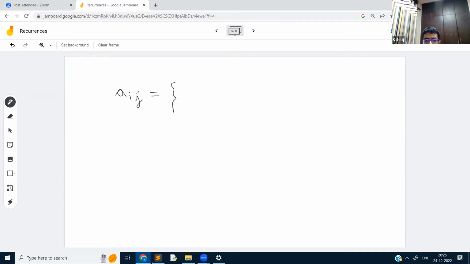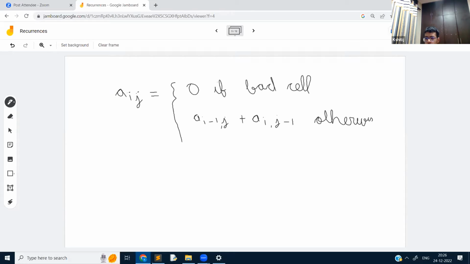Now, Aij is 0 if it is a bad cell, and otherwise we will take the sum of the values of the cell to the left and the cell which is just below.